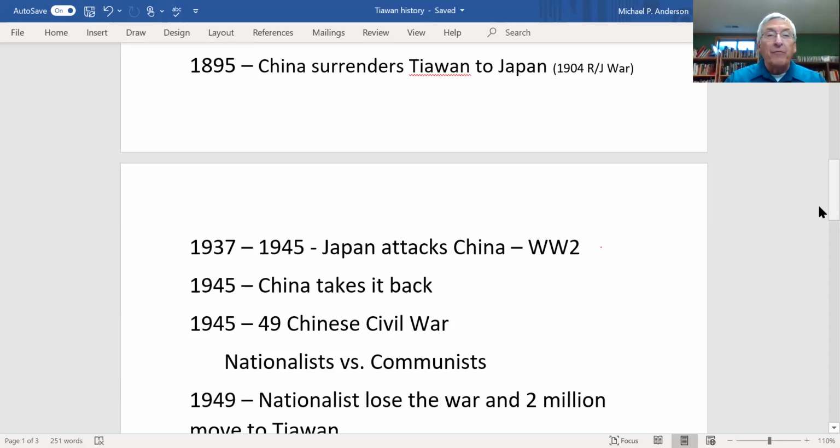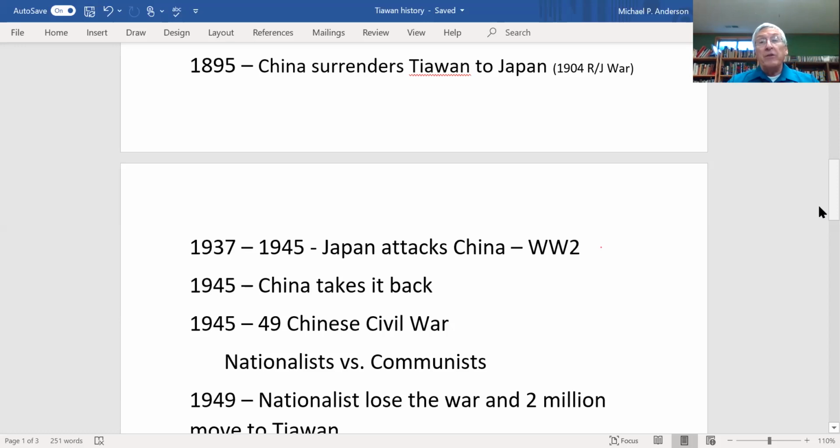Actually it's going on before then. Right back to summer of 1937, Japan attacks China. Lots of people say this is the start of World War II. The Japanese enjoy great success at first, but eventually get bogged down trying to control China, which is a huge place for little Japan to try and get involved with.